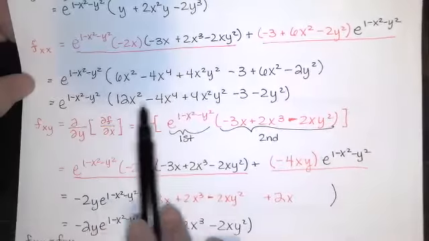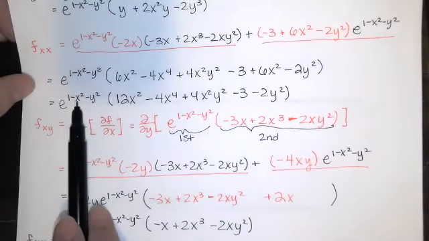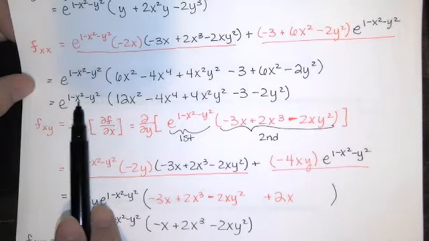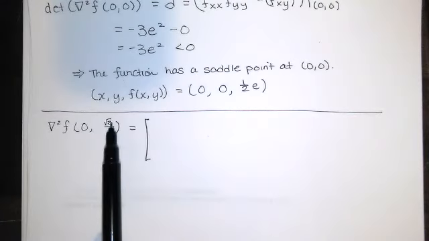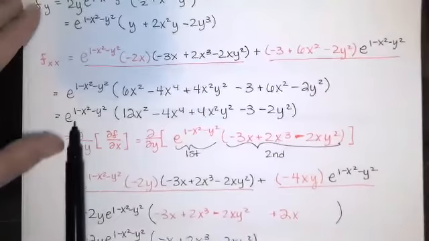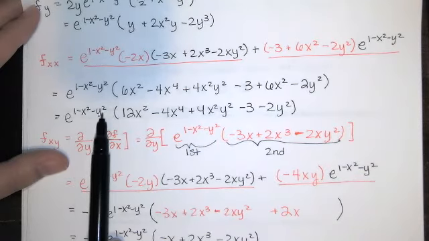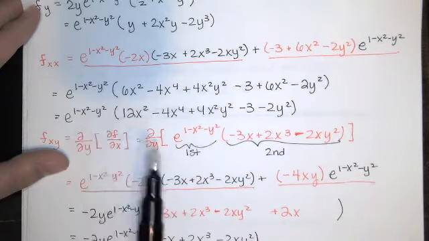So here's our second partial with respect to x. 0 squared is 0. Square root of 2 over 2 squared, think about that. You're going to get 2 over 4, so that's going to be 1/2. So this is e to the 1 minus 0 minus 1/2. So that's e to the 1/2 power.